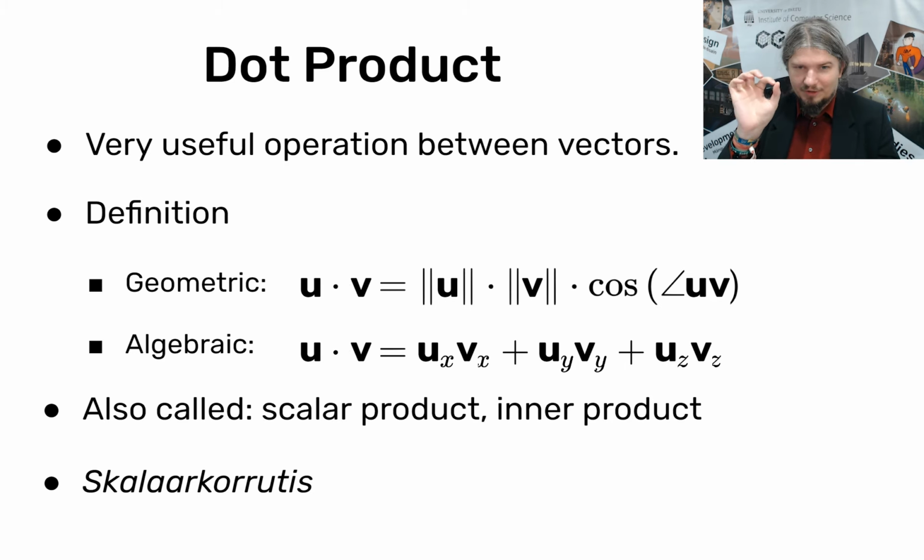It's usually just a dot between them, and you have to know that these are vectors, and because these are vectors, this dot is going to be a dot product. Over here we can see that these are numbers, because they're the lengths of vectors, and the cosine also is a number, so those dots here are just multiplication signs, like a regular numerical product. But here it's the vector operation dot product, because it's between vectors.